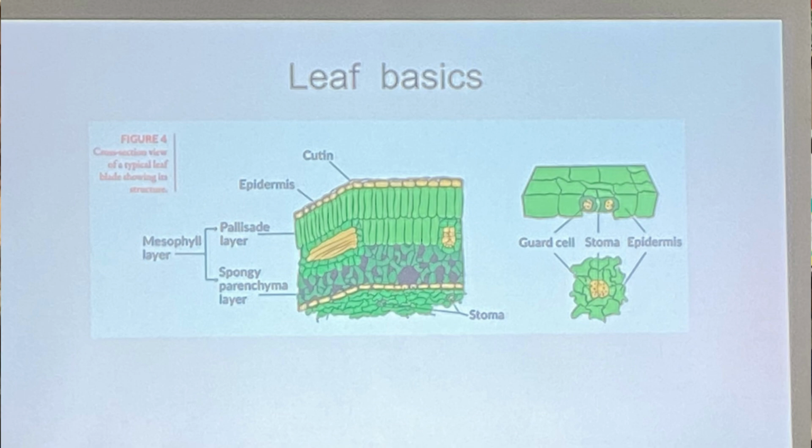We have the cutin, which reminds me of a cuticle layer. They even have an epidermis, like our skin, a palisade layer, and a spongy parenchyma layer, and those consist of the mesophyll layer. You have your stoma, your guard cells, and the epidermis. That's what that diagram shows.